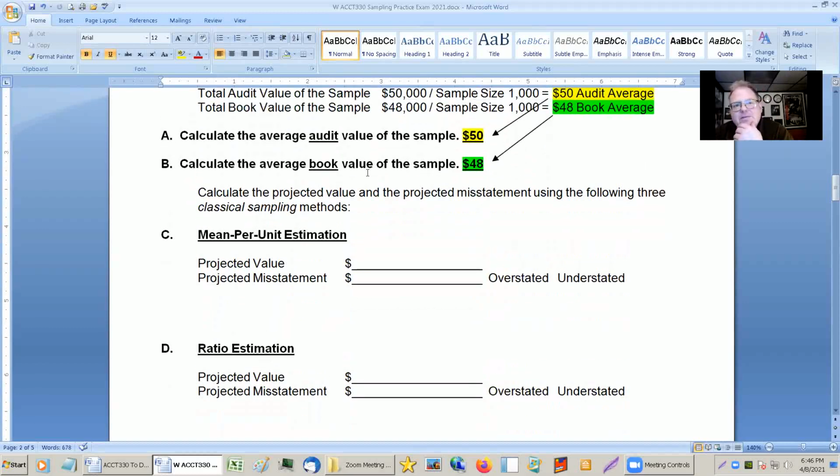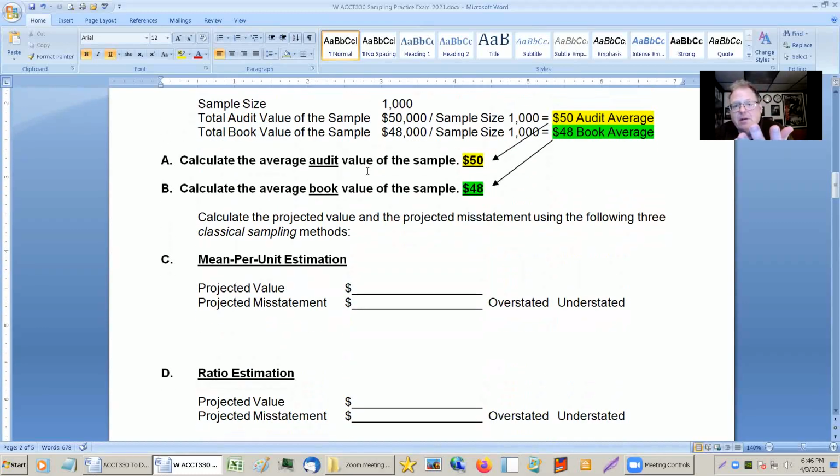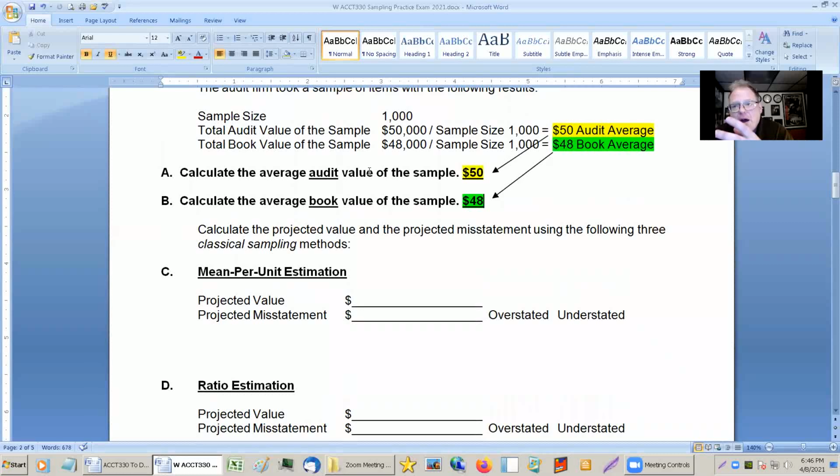So this is your results basically. And now comes the somewhat tricky part of taking those results and projecting them over the entire population.